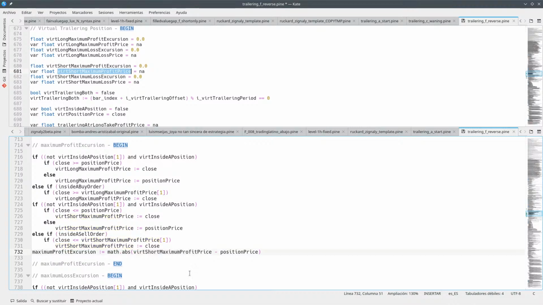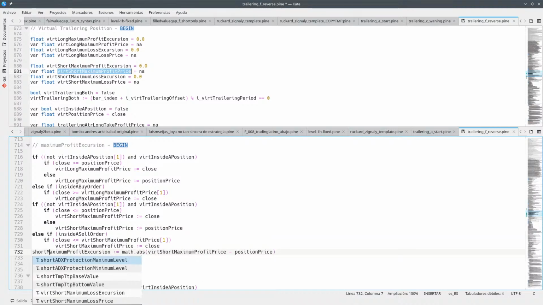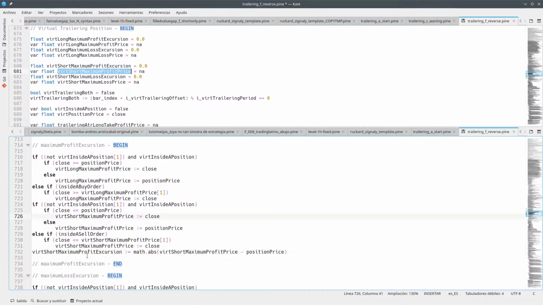And so what we have down here is the short maximum profit excursion, which should match this one here, isn't it? Yeah, it matches. So this is also used here.